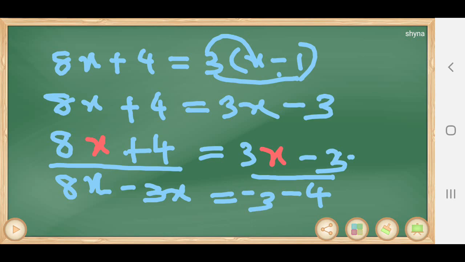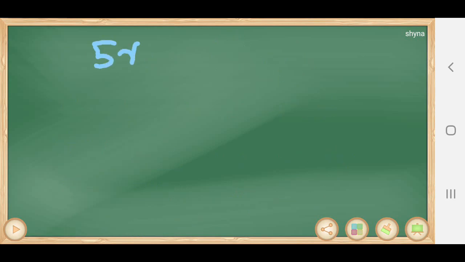What is 8x minus 3x? 8x minus 3x is 5x, equal to minus 3 minus 4. What is minus 3 minus 4? Minus 7. Minus 3 minus 4 means minus 3 plus minus 4, which is minus 7. We got 5x equal to minus 7.